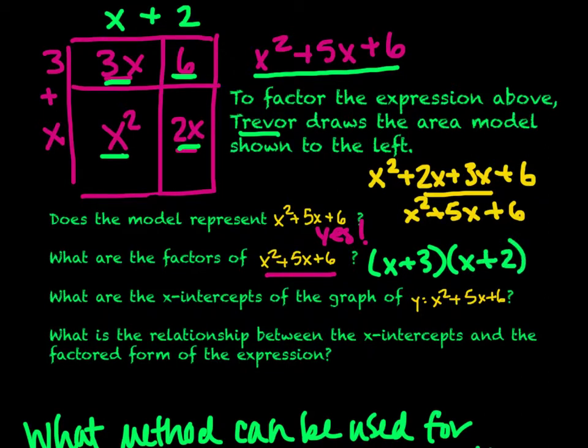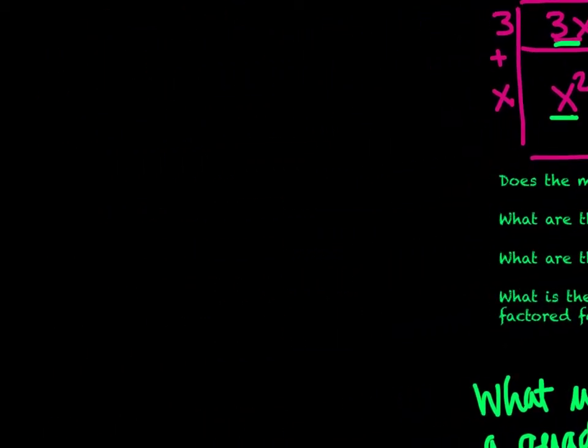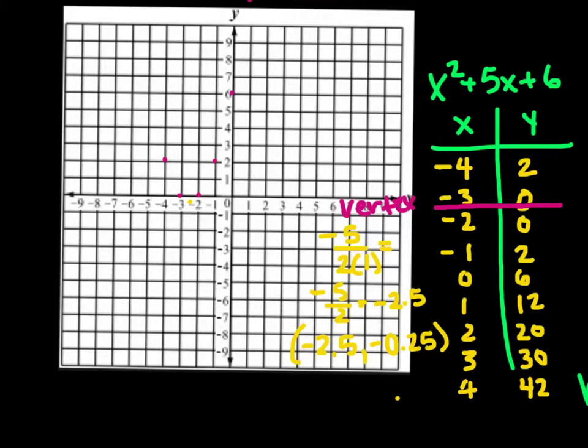What are the x-intercepts of this particular graph? Let's find out exactly what they are. Let's draw this graph. Okay, so I'm starting to draw a graph here. I have x squared plus 5x plus 6. I decided to create myself a table of values. I started my table of values at -4 and I went to +4 for my x.